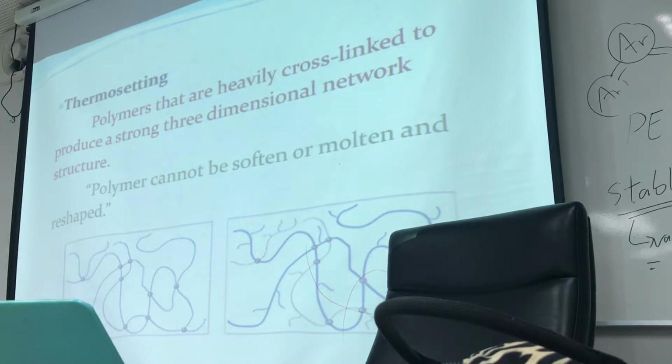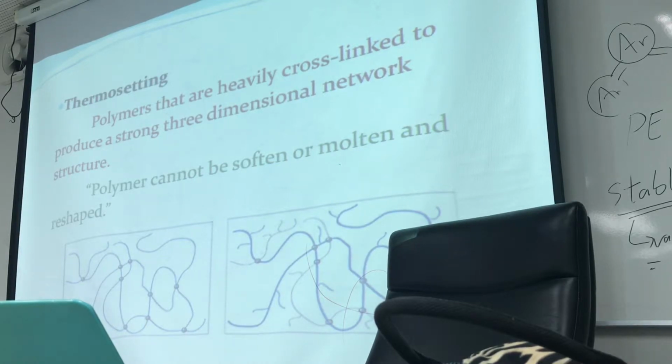My hand here is the range of temperature. If the temperature is higher than the melting temperature, it melts, and even higher, it can be decomposed into carbon. This is one kind of polymer.